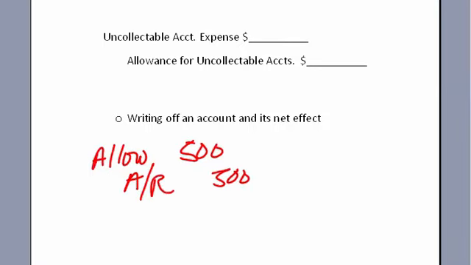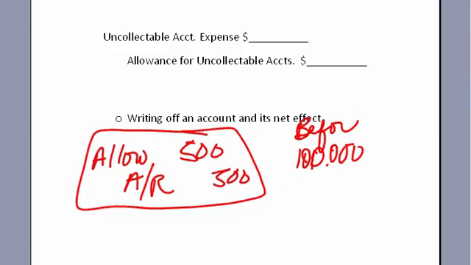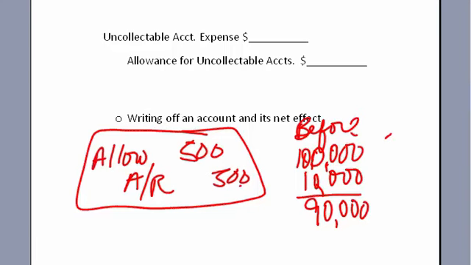So if you looked at this and said, okay, what is the net effect of writing somebody off? Let's say that before the write-off, we had $100,000 here in accounts receivable and $10,000 in the allowance. So we have $90,000. Now we just took off $500 of the accounts receivable, so we have $99,500.